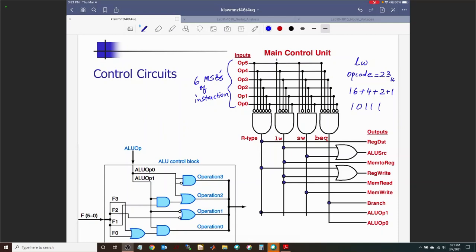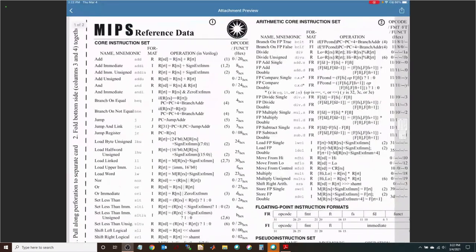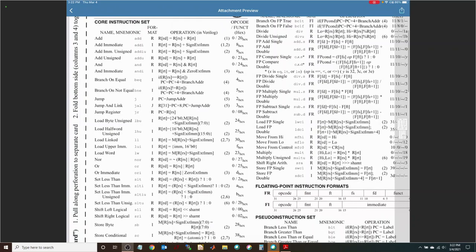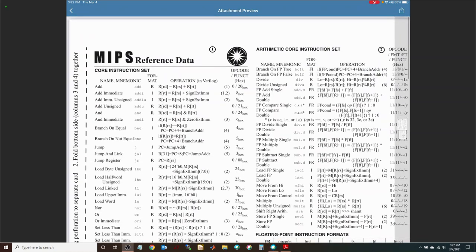So this is 1. Did I look up the wrong thing? You were converting from decimal, yes.